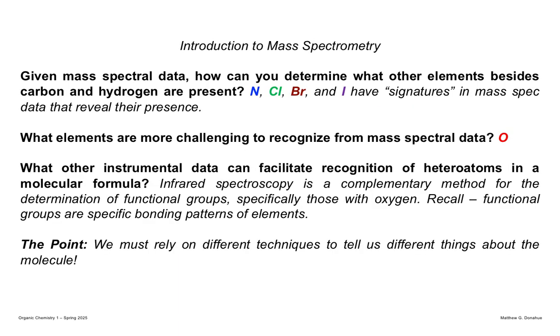And the reason we can do that is these heteroatoms will have signatures in the mass spec. So it's partly understanding the concept, but really, when you look at the data, it's visually recognizing, is something there or is it not there? And as I said, oxygen is the toughest element. So we're going to infer its presence by excluding or including these other ones.